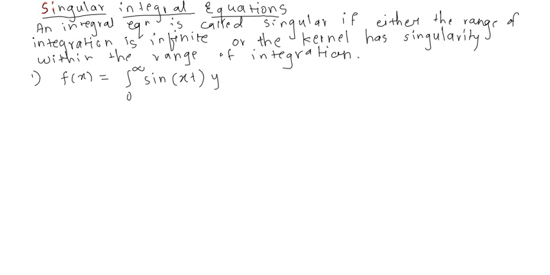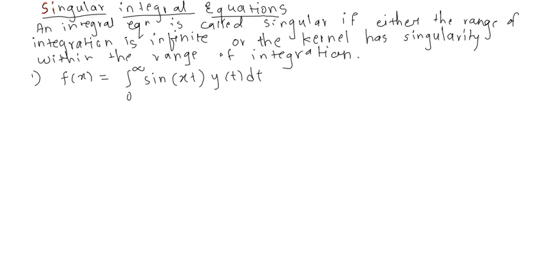Okay, so you can clearly see here this is the integral equation of the first kind. Okay, and this sin xt is the kernel K(x, t), and the integration limits are from 0 to infinity, and therefore this becomes the singular integral equation.